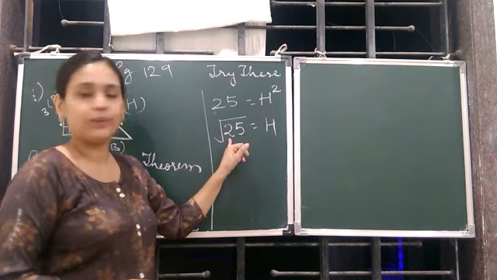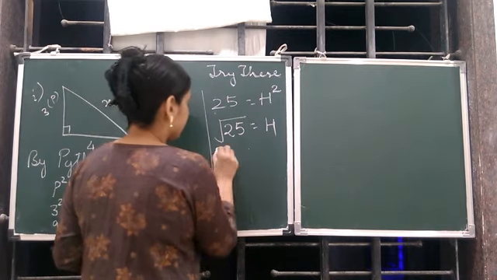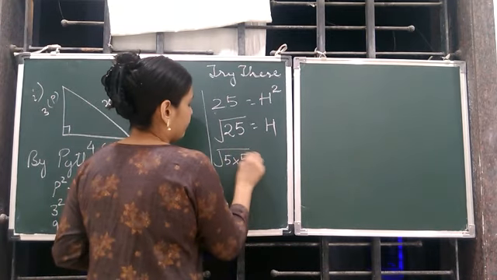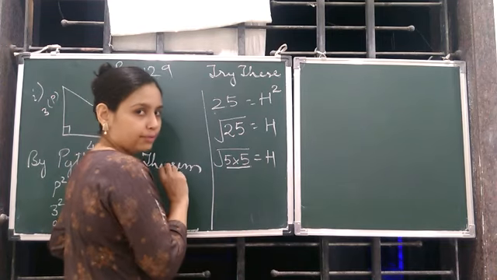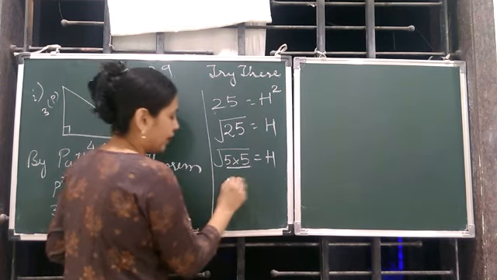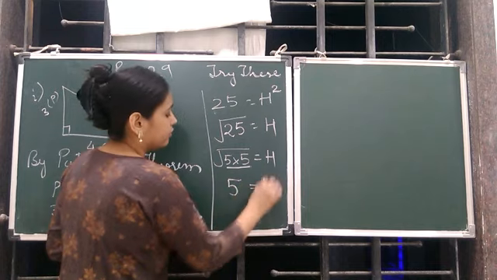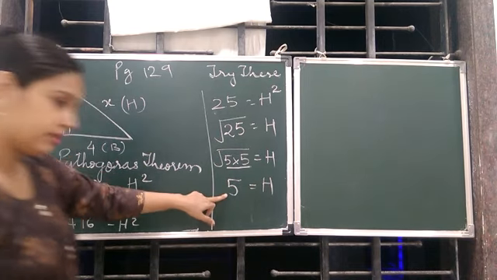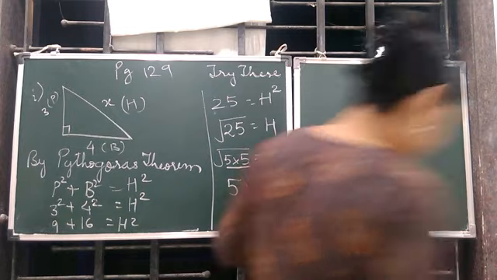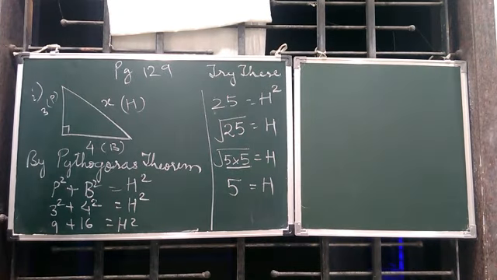So we know 25 can be written as 5 5s are 25, and out of this only one can come out, one from the pair comes outside. So the value of h is 5 centimeter. If they are centimeter, then this is also centimeter. So this is how we find out.